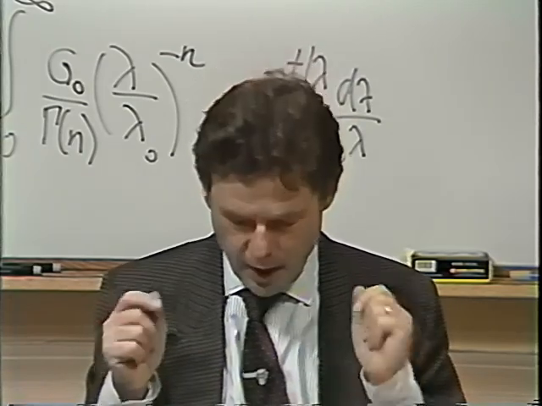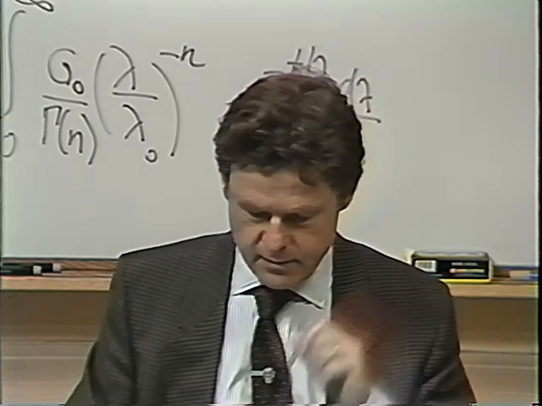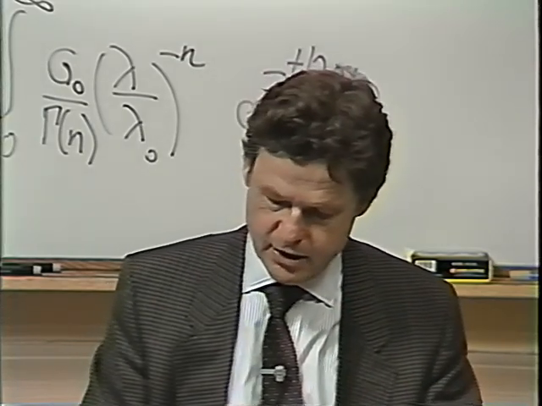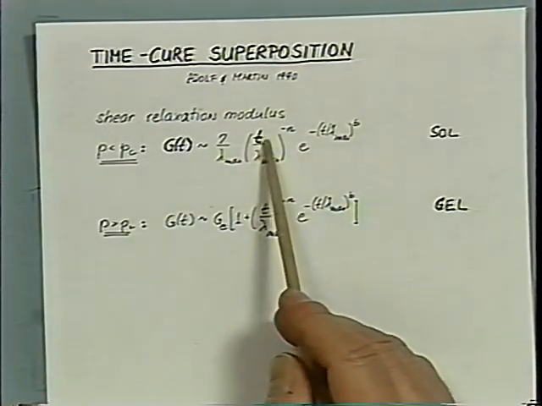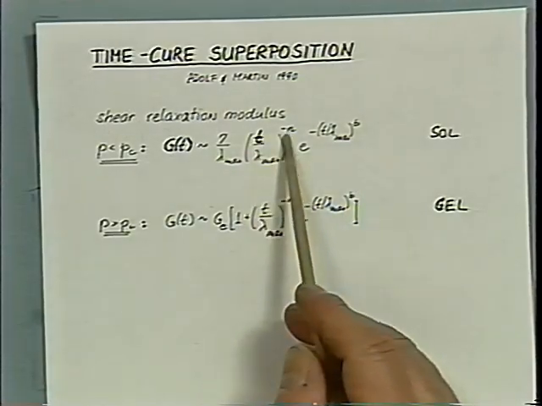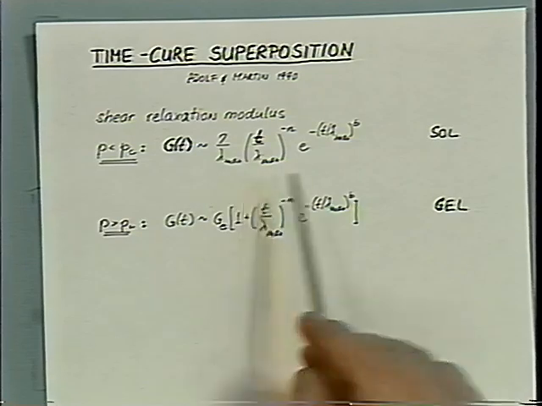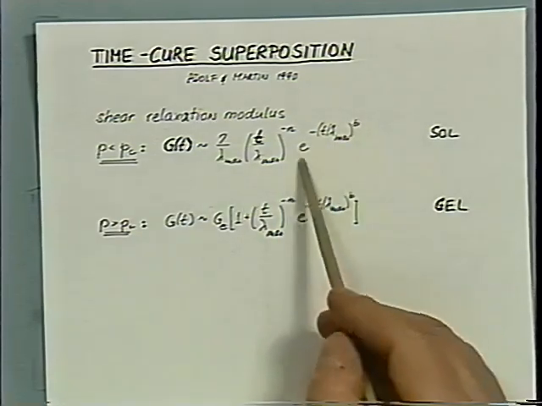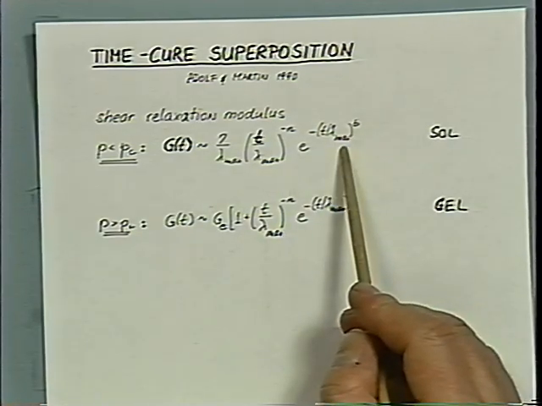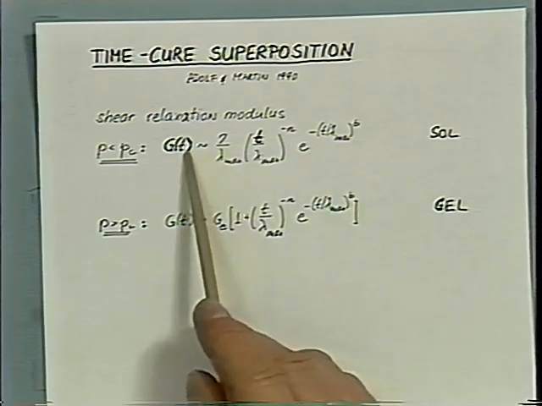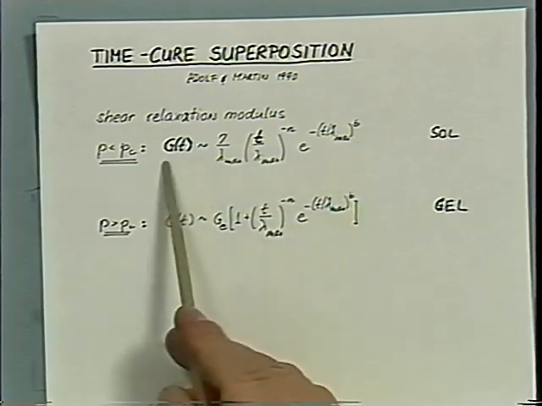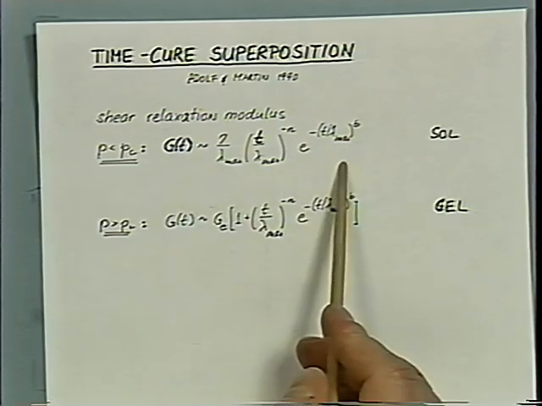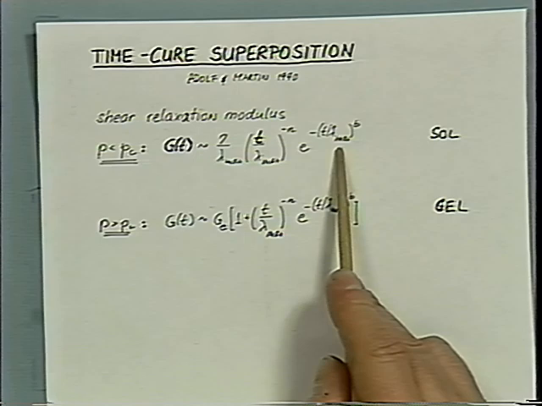And there's a proposal now by Adolf and Martin where they say that in the sol, the relaxation modulus is given by this power law spectrum, multiplied with some cutoff, some exponential function. And they're saying all data might fit into the same relaxation pattern, have the same modulus, only the cutoff is changing as you're approaching the gel point.